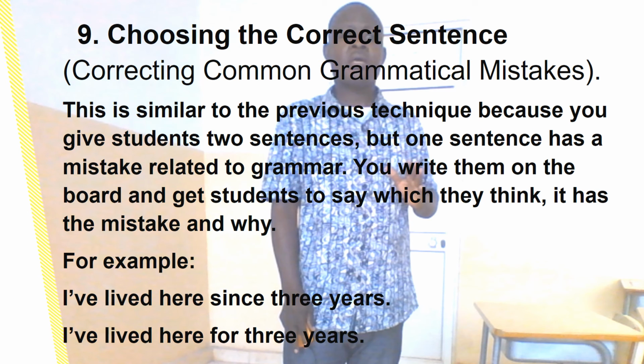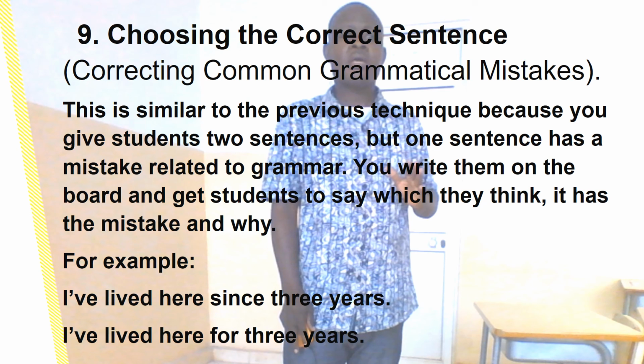9. Choosing the correct sentence, correcting common grammatical mistakes. This is similar to the previous technique because you give students two sentences but one sentence has a mistake related to grammar. You write them on the board and get students to say which one they think has the mistake and why. For example, I've lived here since 3 years. I've lived here for 3 years.